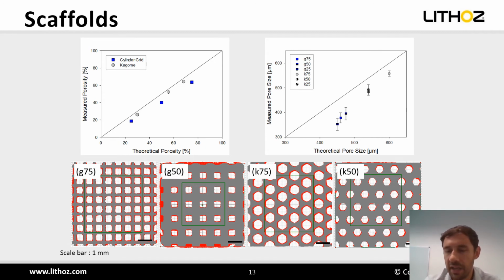We did some actual target comparisons. You can see here that there were some minor mismatches, which comes from a phenomenon called light scattering that happens when light interacts with particles, as it's obviously happening when you're printing ceramic suspension lithographically, but not in a very significant manner.